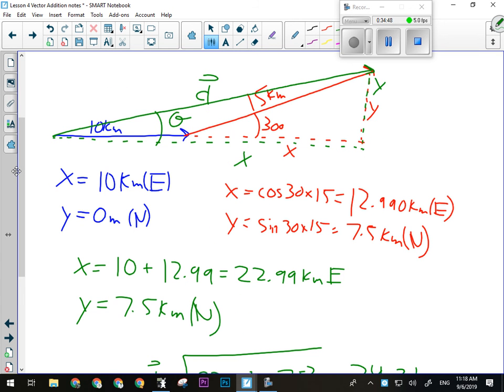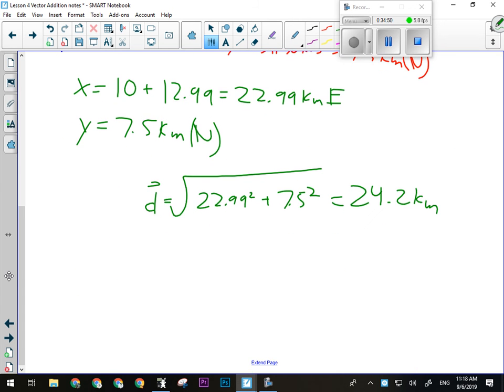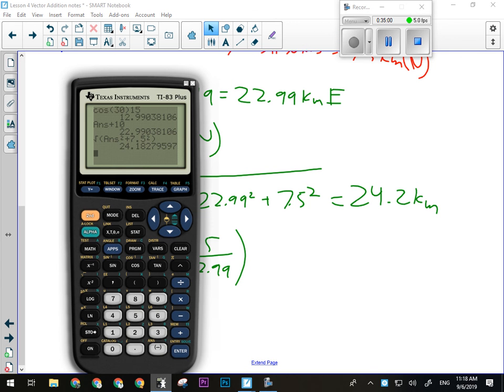Then we've got to find theta. I'm going to find theta using tan: tan to the minus 1 of 7.5 over 22.99. And I'm getting 18.1 degrees.